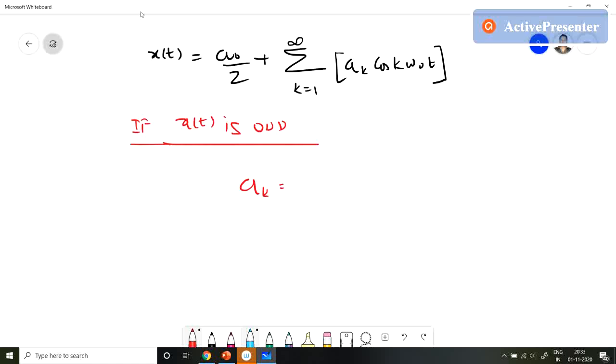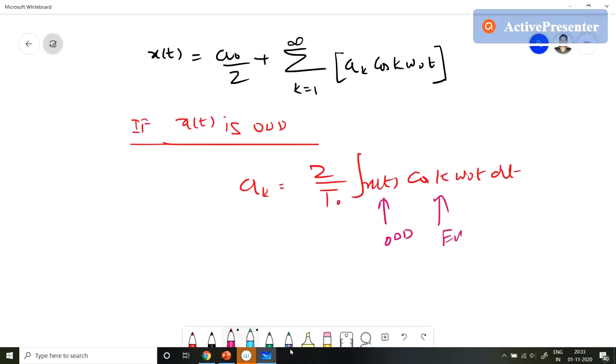It is simply 2 divided by T naught, integral of xt cos k omega naught t dt. If xt is an odd signal, then xt is odd and the cosine is even, so odd into even will result in odd.